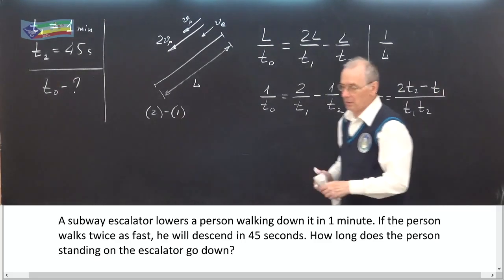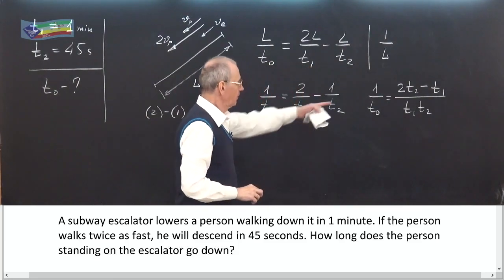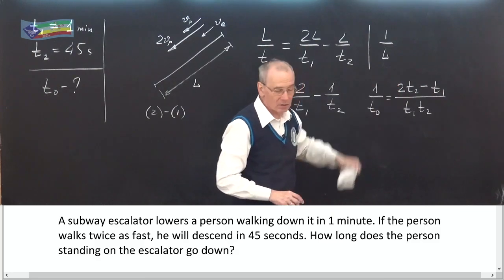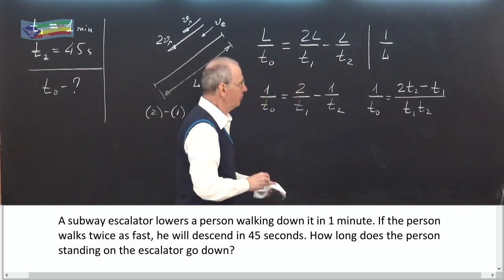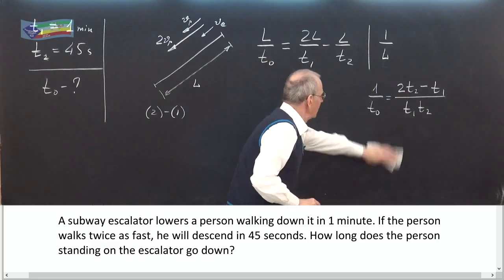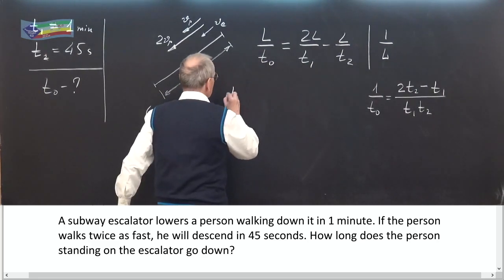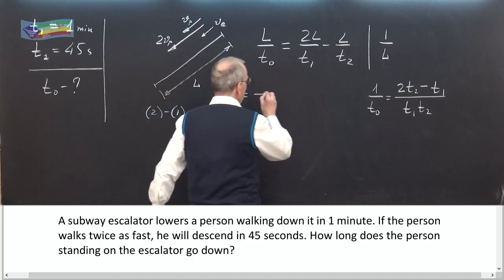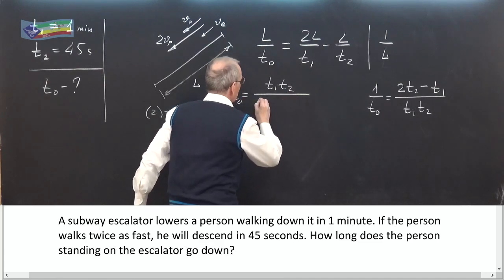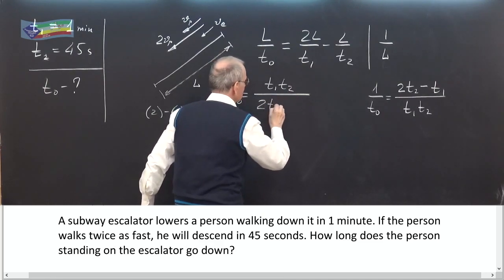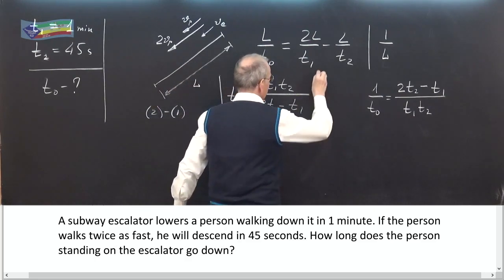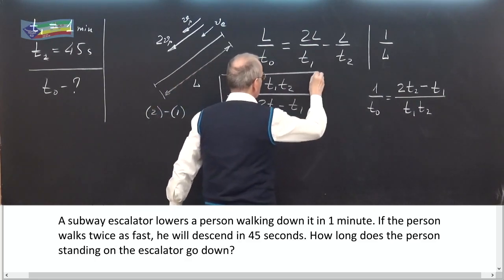And the answer is to reverse this fraction, the inverse fraction. The inverse fraction is T0, our final formula: T1 T2 over doubled T2 minus T1. This is the answer.